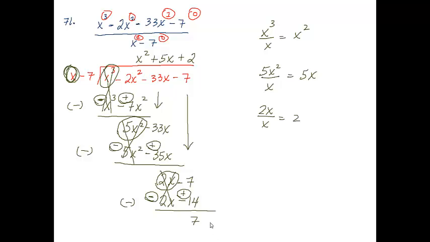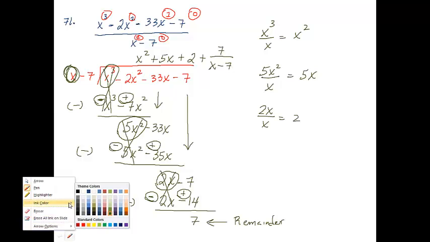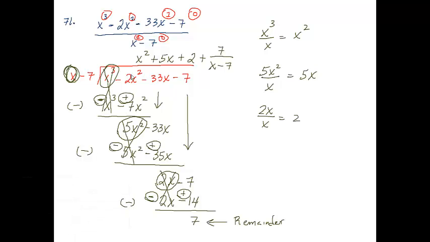Therefore, 7 is my remainder. And you write it by saying plus 7 divided by x minus 7. So your answer is x squared plus 5x plus 2 plus 7 divided by x minus 7.